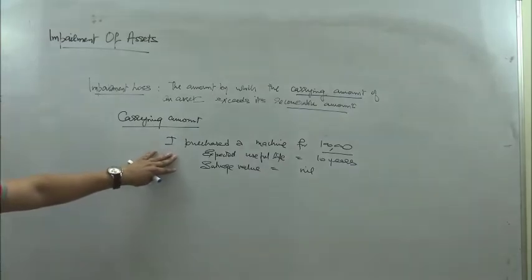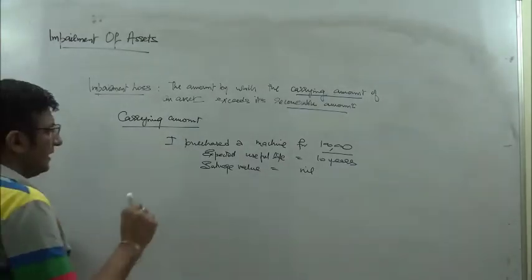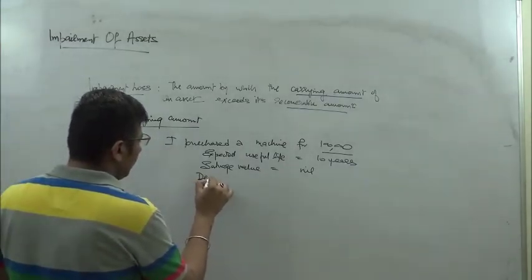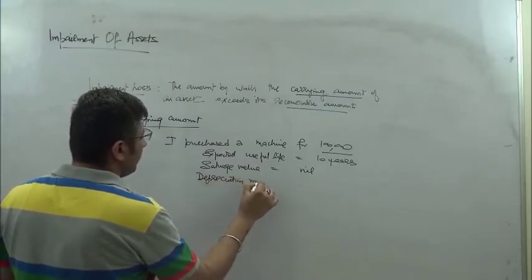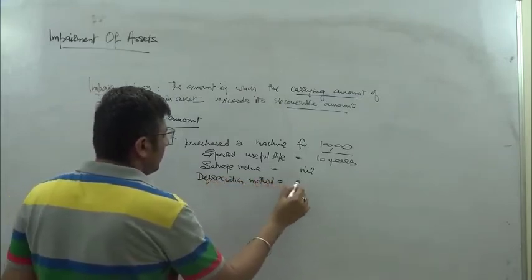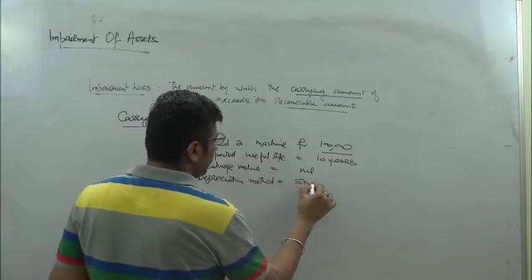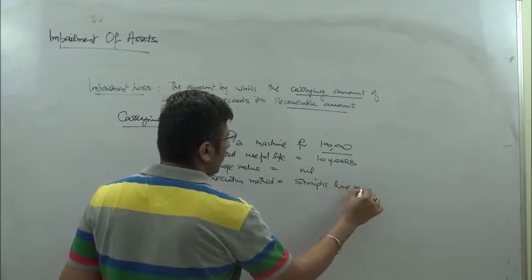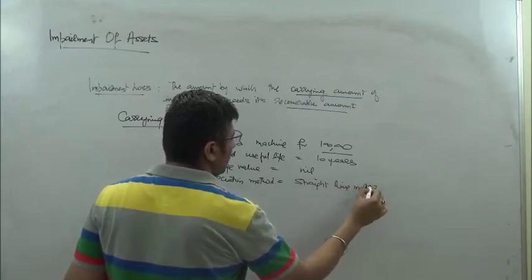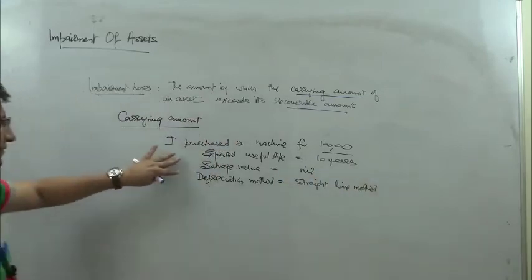Say the salvage value is nil and I'm using a straight line method here.